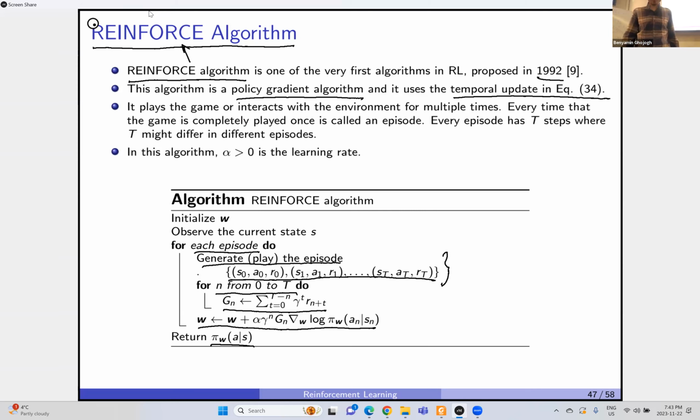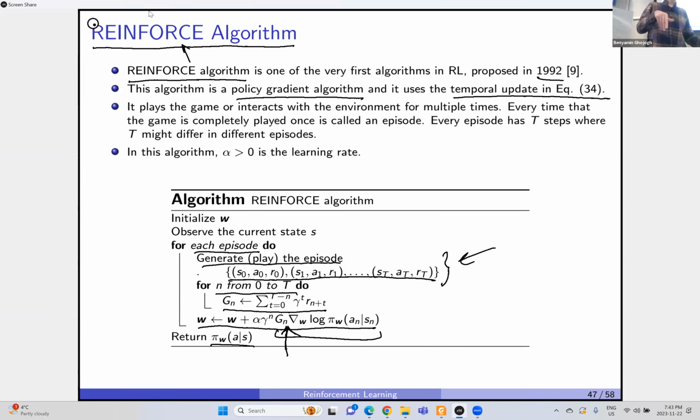Do you see that? Basically, if in this episode you won the chess game, for example, this update will be large because of this. If you lost, it will almost be ignored because of this G_n. What if you are playing the chess game, you were playing very well until the middle of the episode, and suddenly something happened, and you played awful?